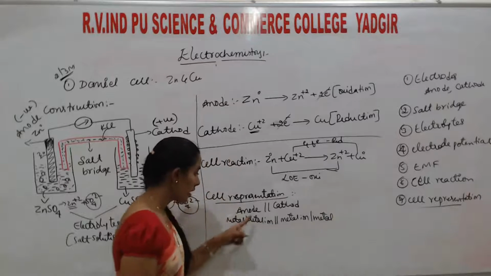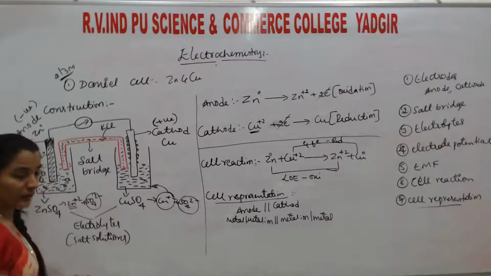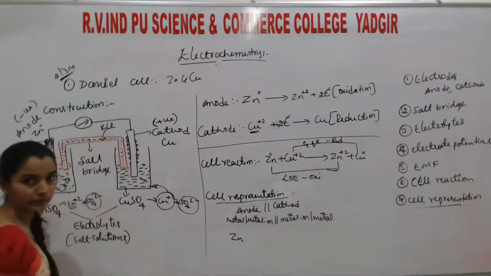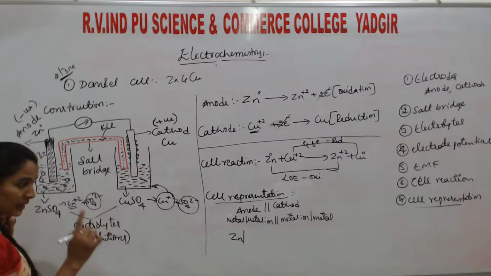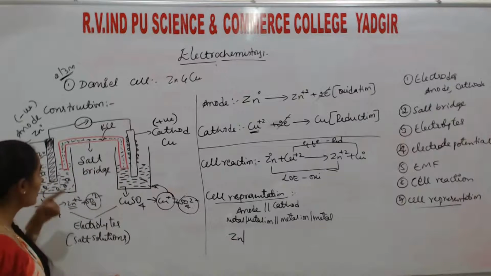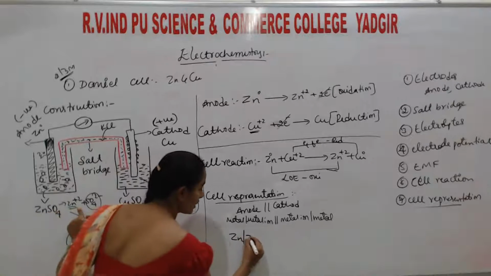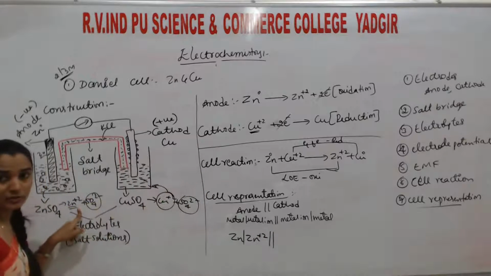So students, at anode, zinc is there. Okay, so initially the metal we have to write, that is zinc, followed by a single slash, that represents what? Metal and metal ion. So the metal ion is what here? Zn+2. Next, this double slash.